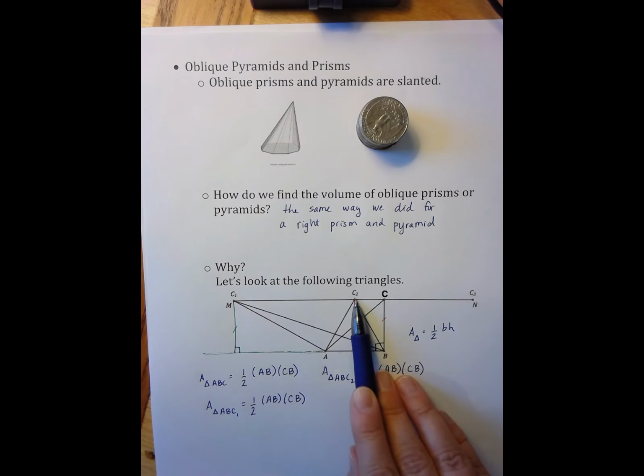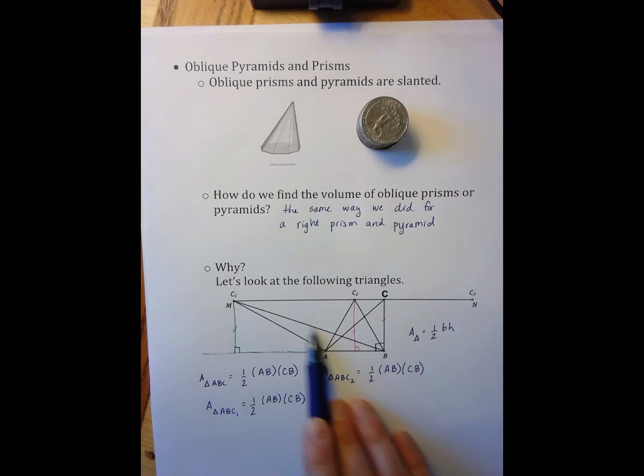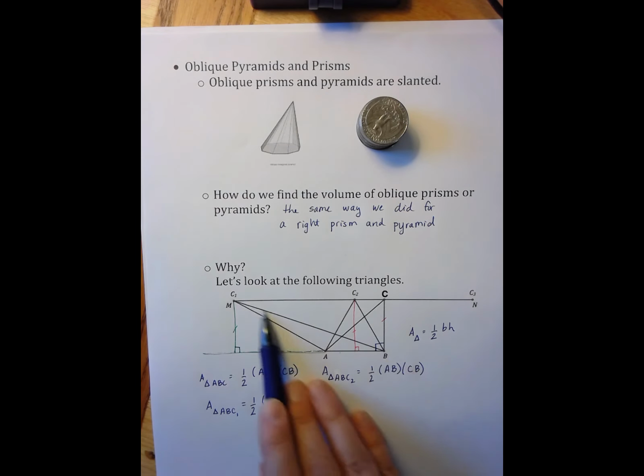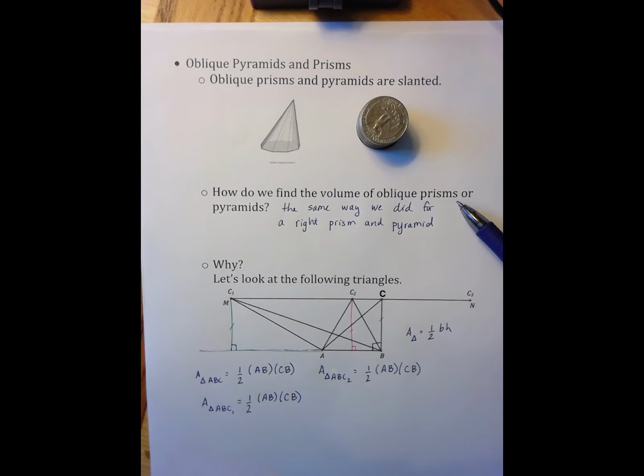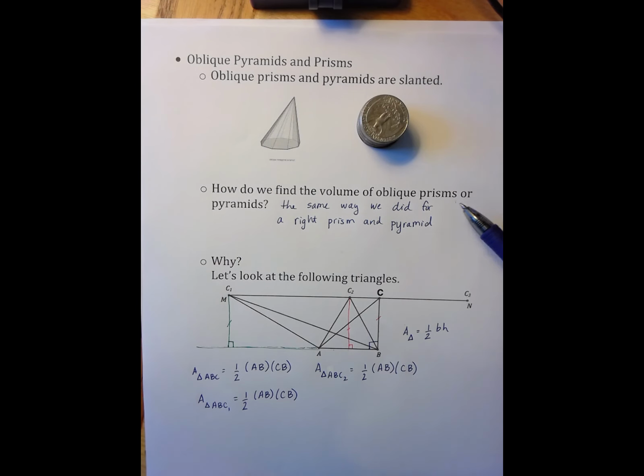I then have one type of oblique triangular prism and a second type of oblique triangular prism, and the base areas are all the same, which means if they have the same height, they will have the same volume. That means that to find the volume of an oblique prism or pyramid, you use the exact same process as if it were a right prism or pyramid.